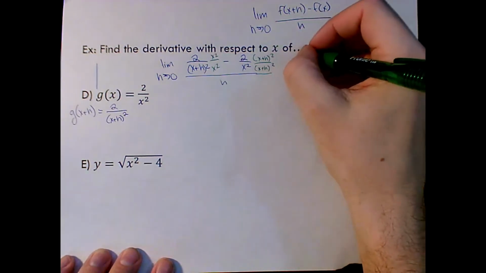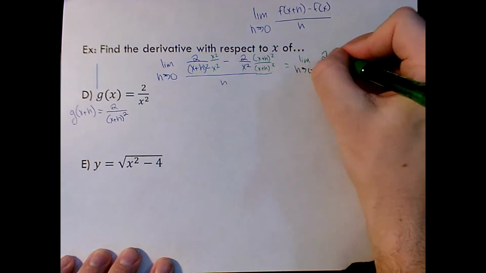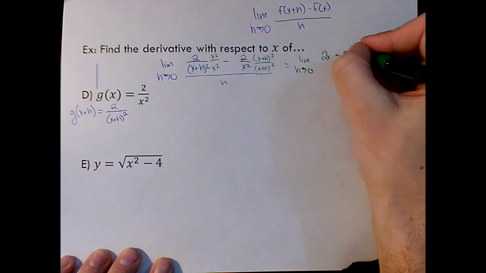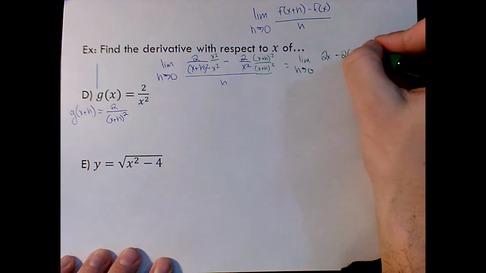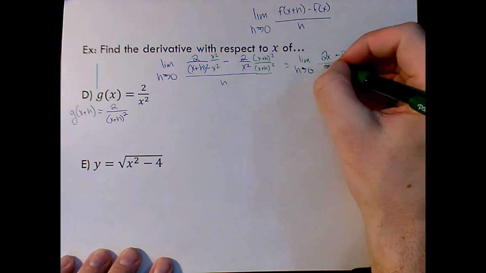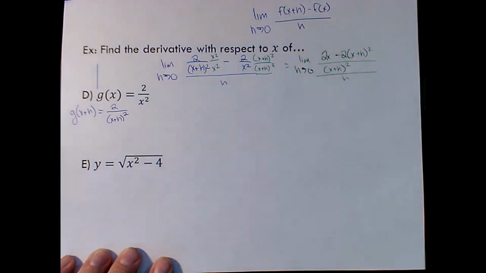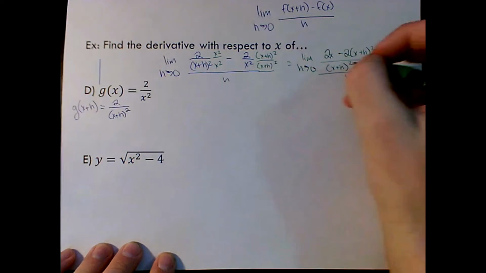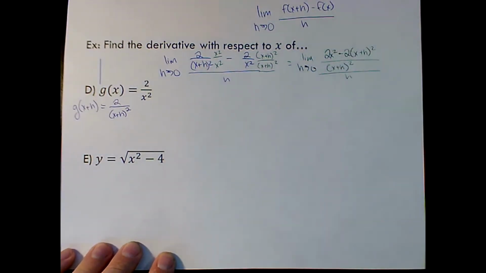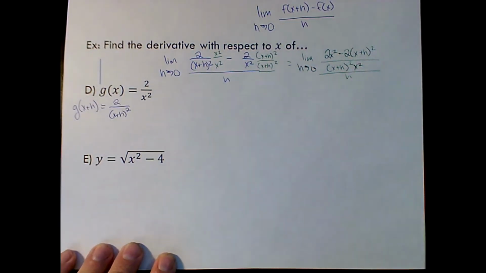And that's going to give me the limit as h approaches 0 of 2x squared minus 2 times x plus h squared over x plus h squared over h. X squared. I knew I forgot something. I forgot two things. Ugh.